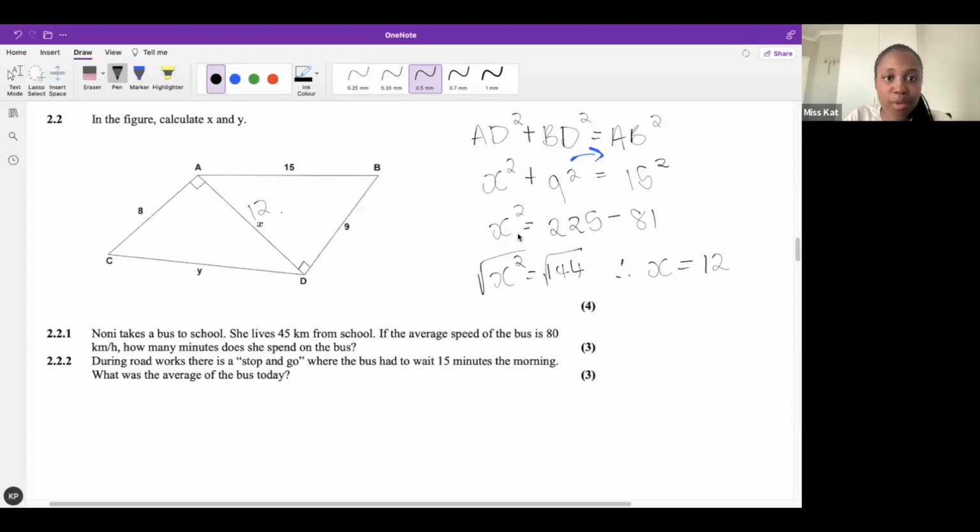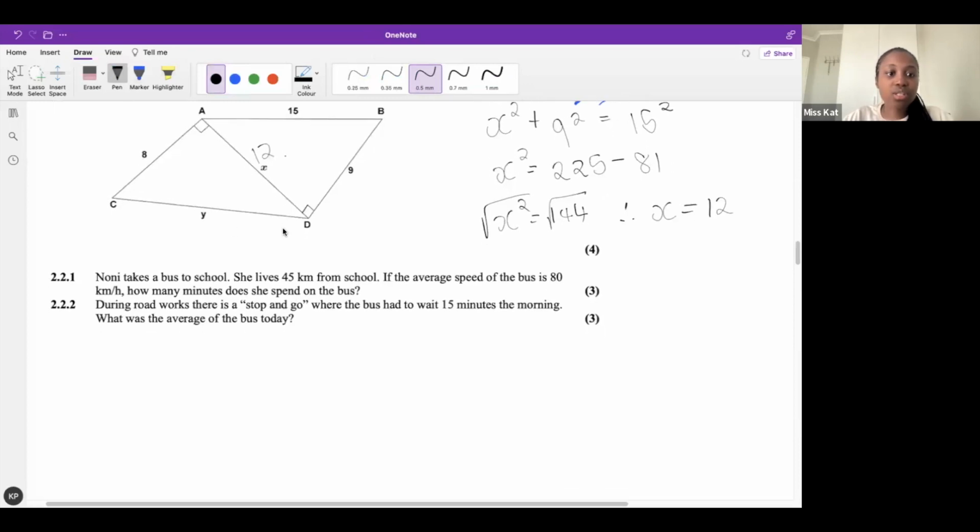Now, do we have enough information to work out y? Yes, we do. We have two sides, and y is the hypotenuse of the second triangle. So in our second triangle, AC squared plus AD squared equals CD squared, okay?